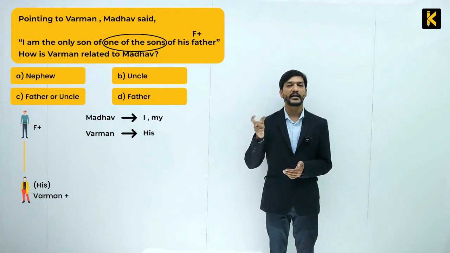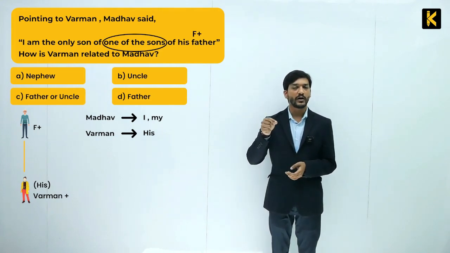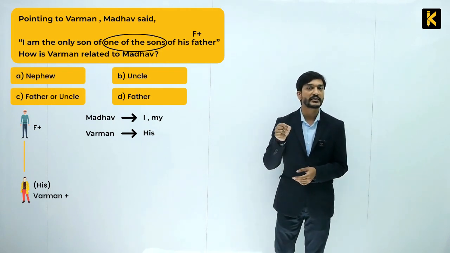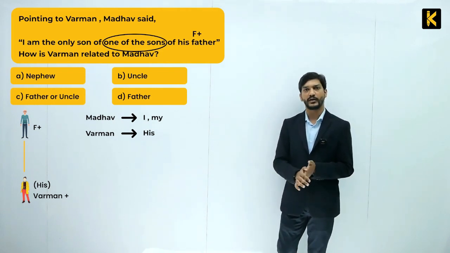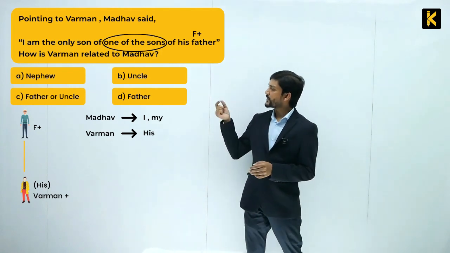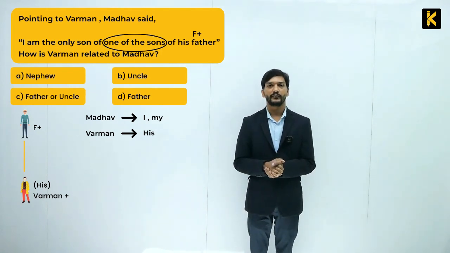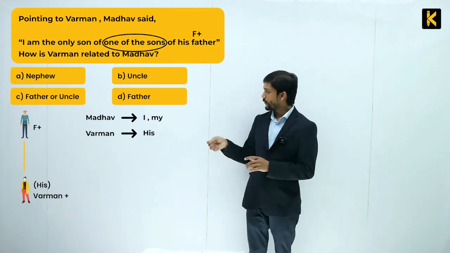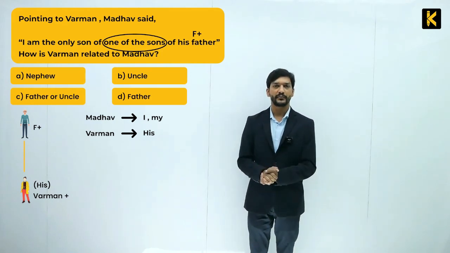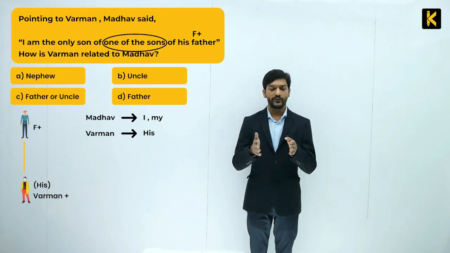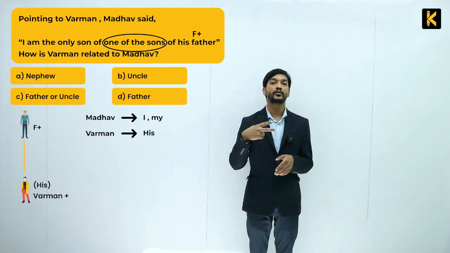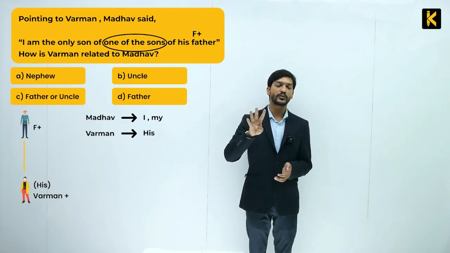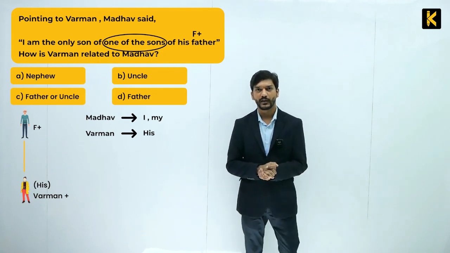His father means F. So one of the sons of F. So that means this person F, I have to think that he has so many sons. One son is Varman, obviously, and I have to think of a few more sons. I can take 2 more, 1 more, or 4 more. It depends on you.